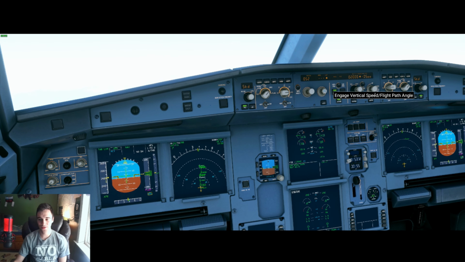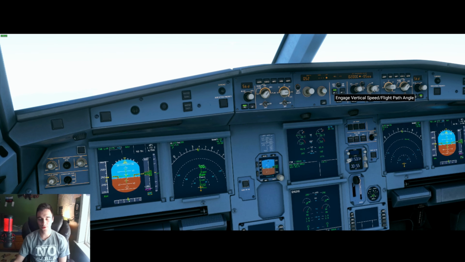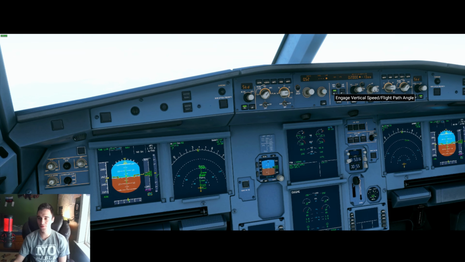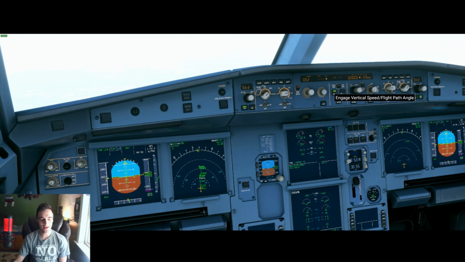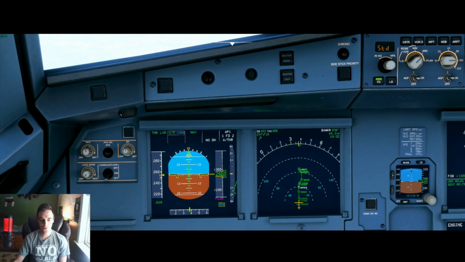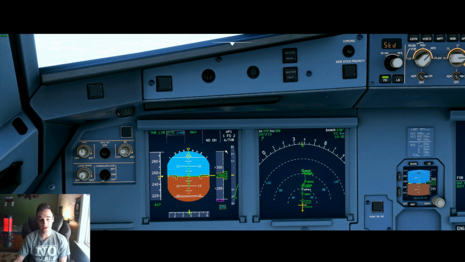Okay, here we go. There we go. Okay, now vertical speed. That's a little funky. Anyway, now we're on vertical speed, descending at negative 2,300 feet per minute.